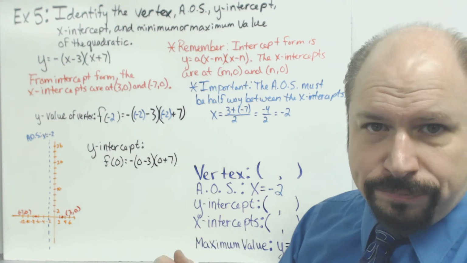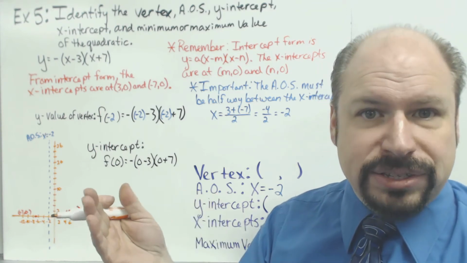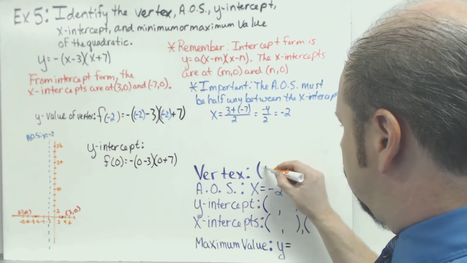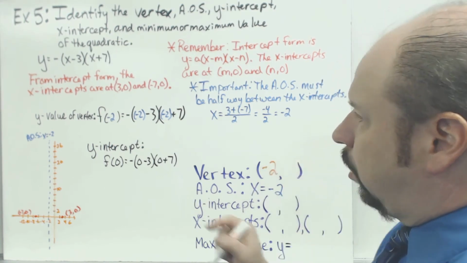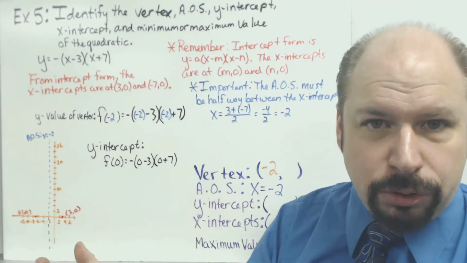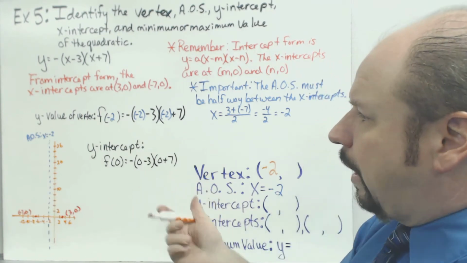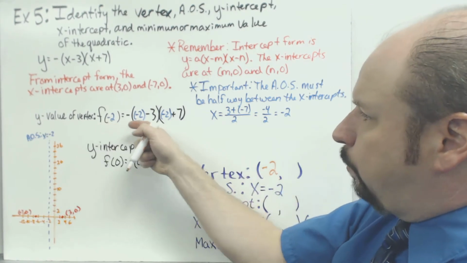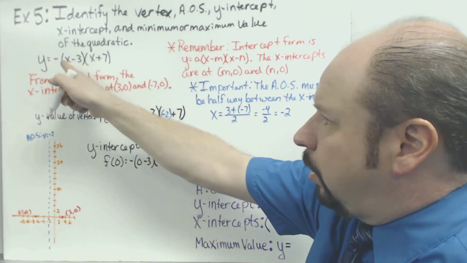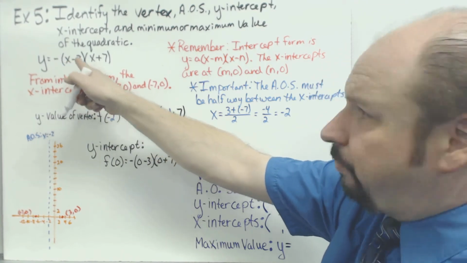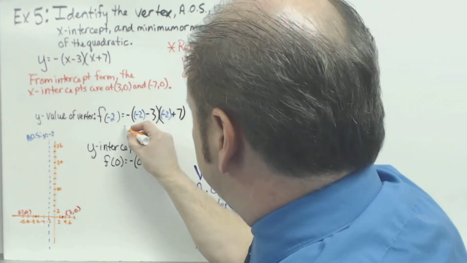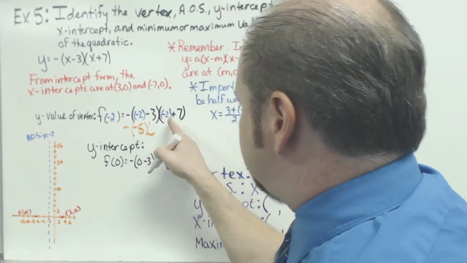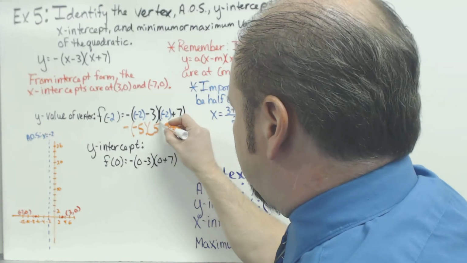So that means, since the axis of symmetry has the same x value as our vertex, the vertex must happen at negative 2. Okay? So to find the y value of our vertex, remember, we have to find f of negative 2 in this case. So if we put in negative 2 here, negative 2 minus 3 is negative 5. So the opposite of negative 5 times negative 2 plus 7 is positive 5.